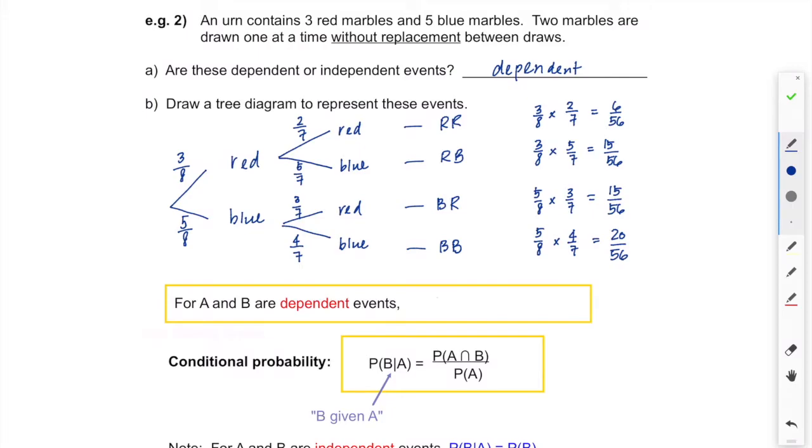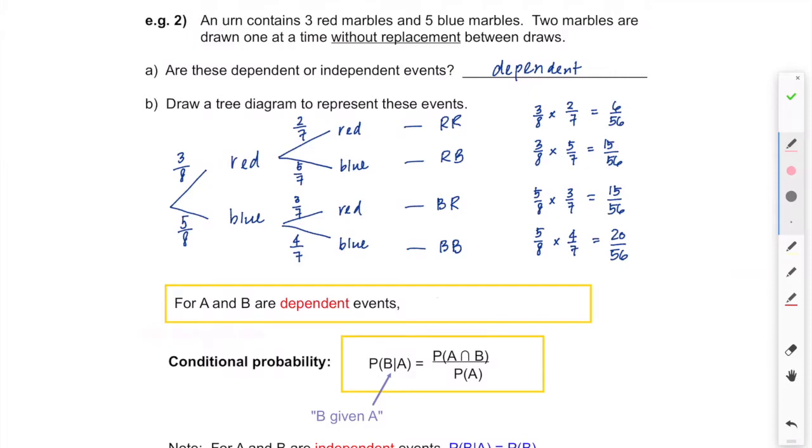What we should note is that when we talk about independent events, like the first coin toss in the last example, we can call it probability of head, and then the second probability of head again, or H2, like the second head. But now here we have a special notation to describe the second marble drawn.